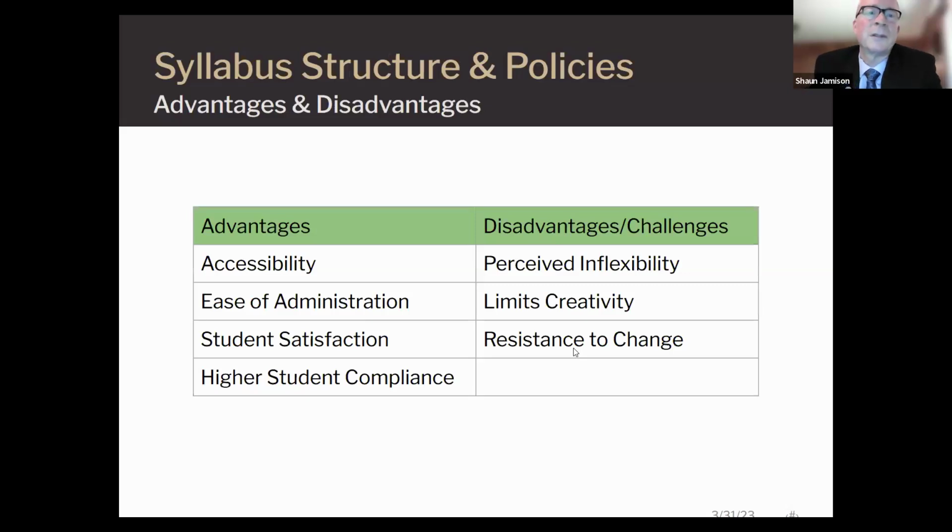So syllabus structure and policy. I want to start small. What I mean by syllabus structure: everybody has a syllabus, right, per class. It may be one that came from your school, but the professor fills in the details, or it might be more detailed.